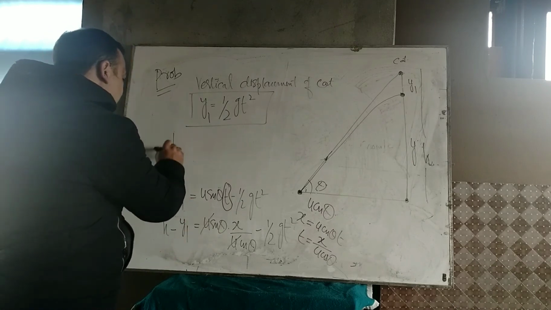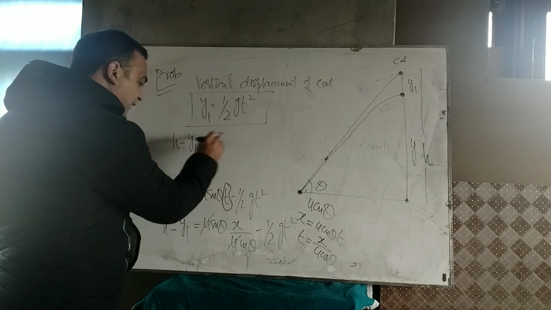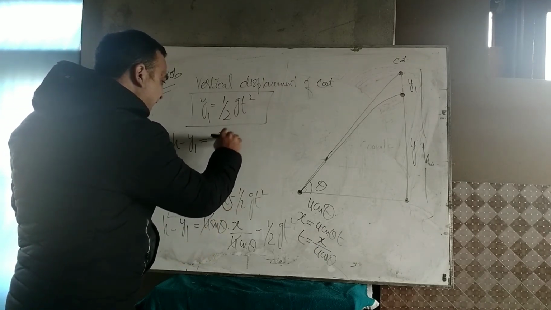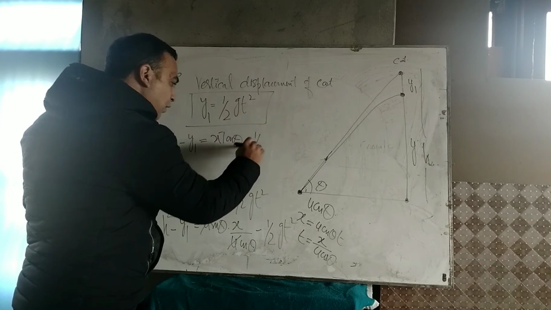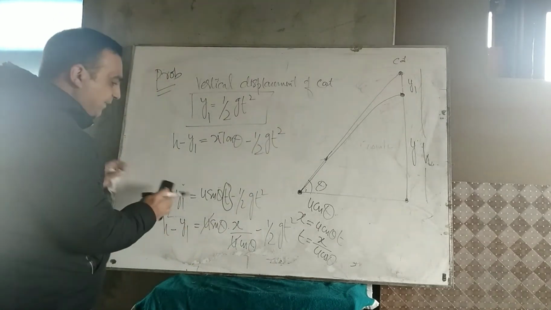So h minus y1 will be x tan theta minus 1/2 of gt square. Nothing wrong with that.